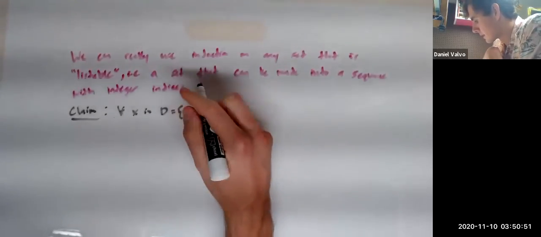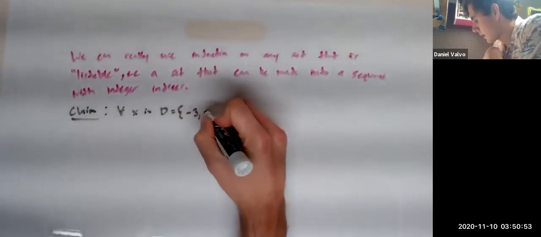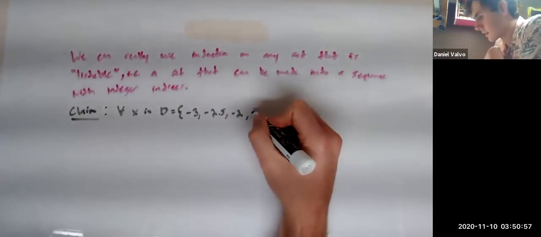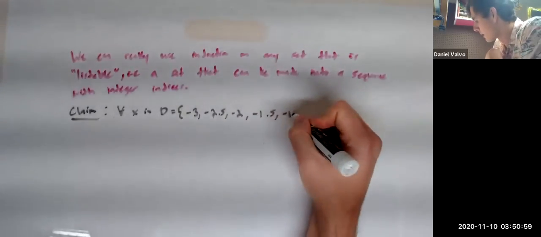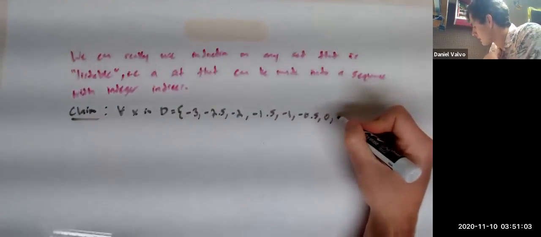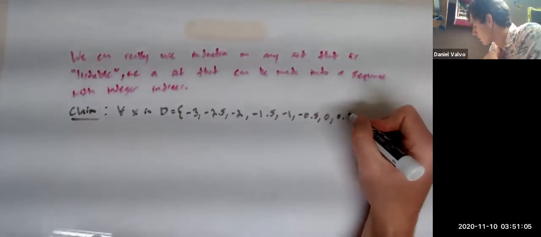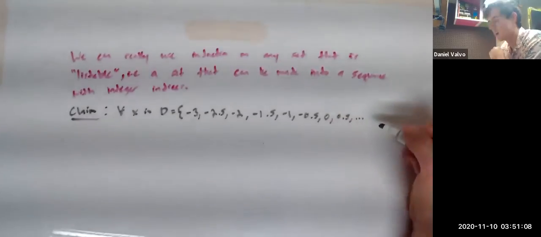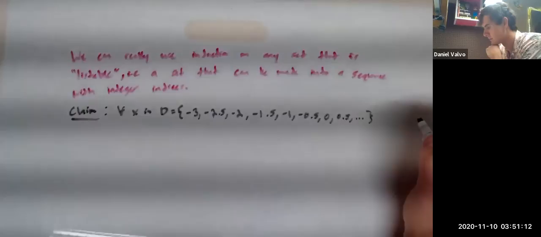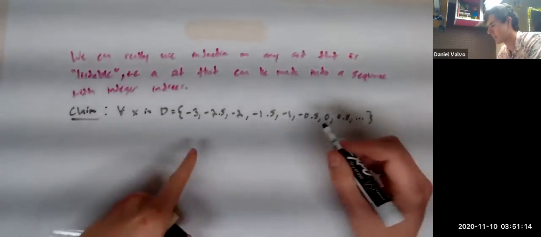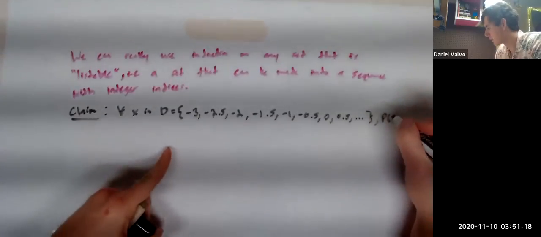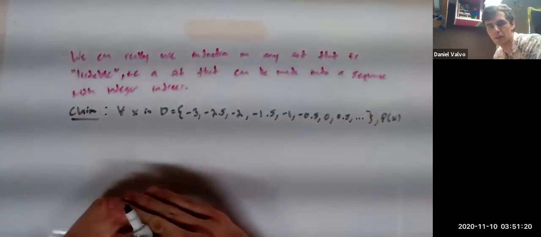Maybe it's -3, -2.5, -2, -1.5, -1, -0.5, 0, 0.5, on and on and on like that. So this is D. I want you to know that for all x in D, P of x is true.